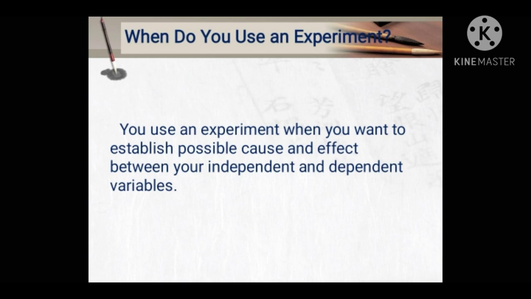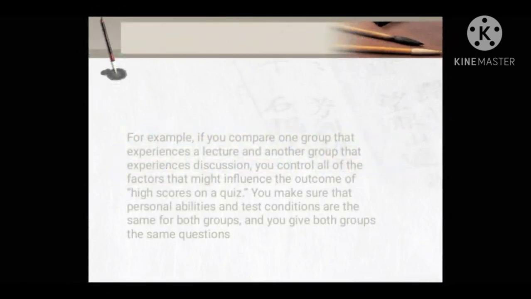For example, if you compare one group that experiences a lecture and another group that experiences discussion, you control all of the factors that may influence the outcome of high score on a quiz. You make sure that personal abilities and test conditions are the same for both groups, and you give both groups the same question.